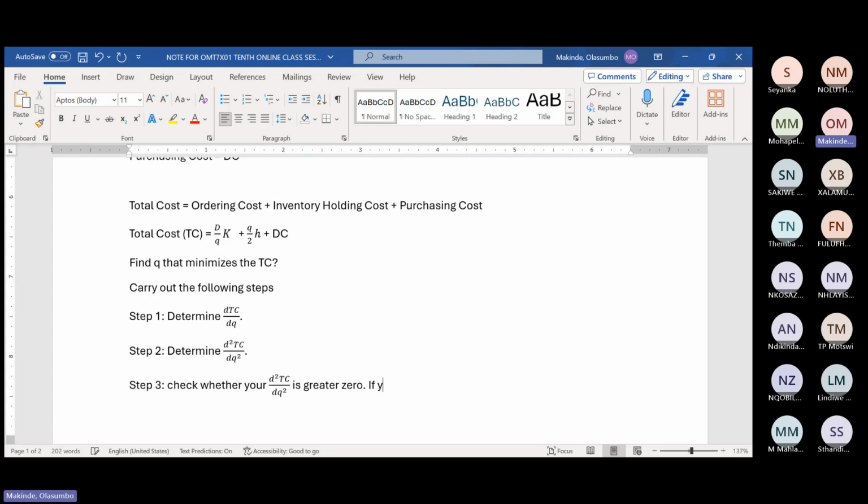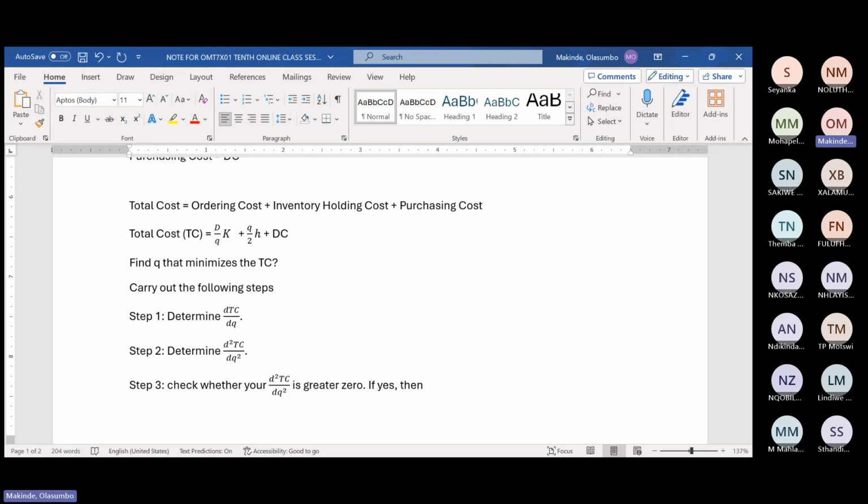If yes, then this result, because we are running the test to see whether, based on that total cost expression that we have on top, Q will minimize it. For you to run that test, you have to differentiate TC with respect to Q twice. And that's where you get to step 2, then you check what is the sign of your d square TC, d Q square.